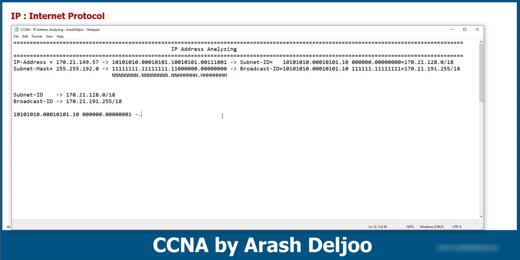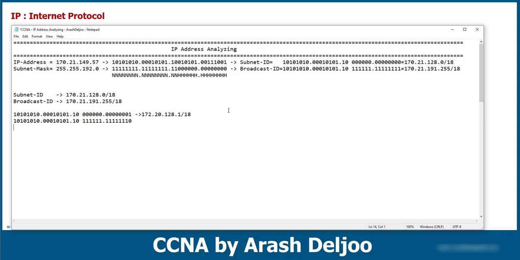Let me write here. Let me calculate the subnet: 172.20, after that 128, then 1. This is the first usable IP address in this subnet, and if you want to find the last usable IP address, you can use the broadcast IP address. This is the broadcast IP address. We need to change the last value from 1 to 0.